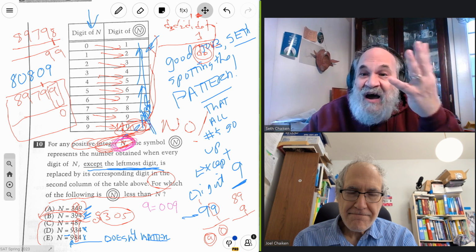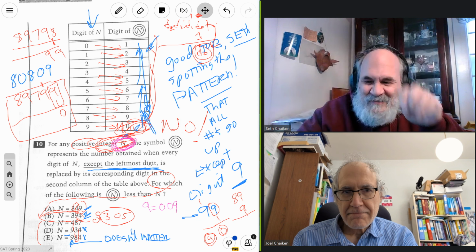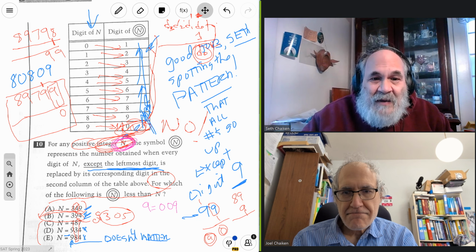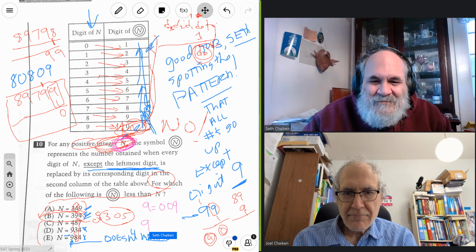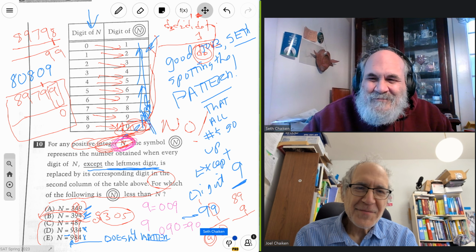Right. 9, 5, 4 make 9. Apply this operation, and you get 9. Apply this operation to 009, and you get 090, which is 90.